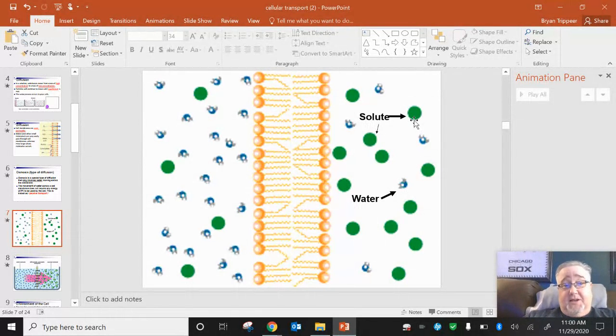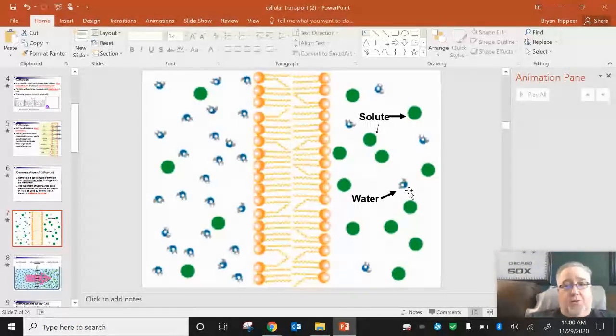And then you've got these solute particles, these big green things. These could be sugar molecules or whatever. They're just too big to pass back and forth across the membrane. So these solute particles are not able to go back and forth, but the water molecules are.